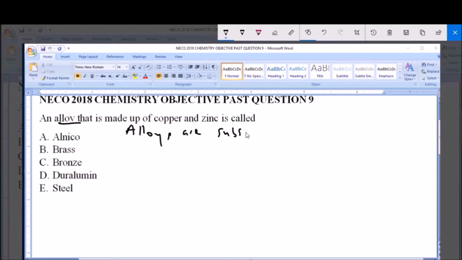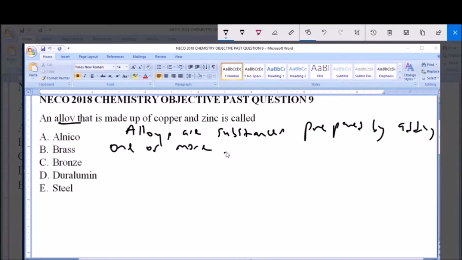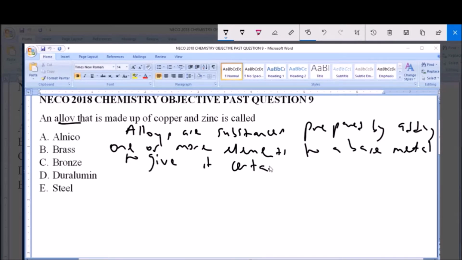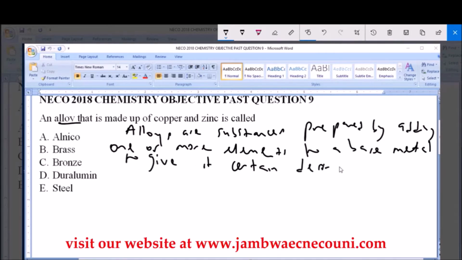So alloys are substances prepared by adding one or more elements to a base metal to give it certain desirable qualities.